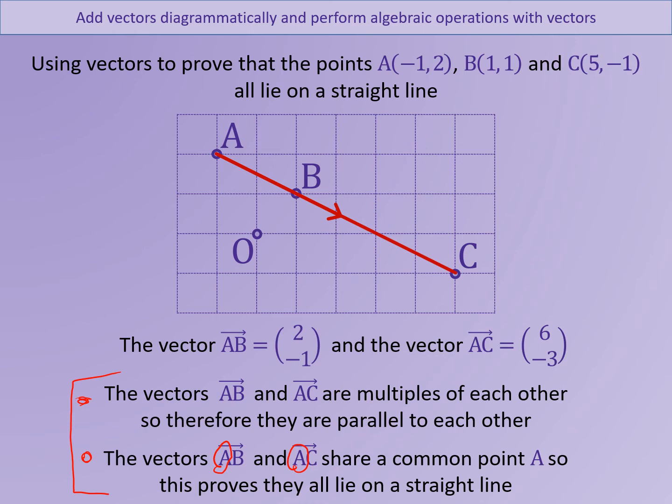So we are showing one, they are parallel to each other. Now that's not enough for the proof, because if you have this line and this line, they would be parallel to each other, but they wouldn't be on the straight line. Now that you've shown that there is a common point, there is only one possibility, and that is that they are on the same line.